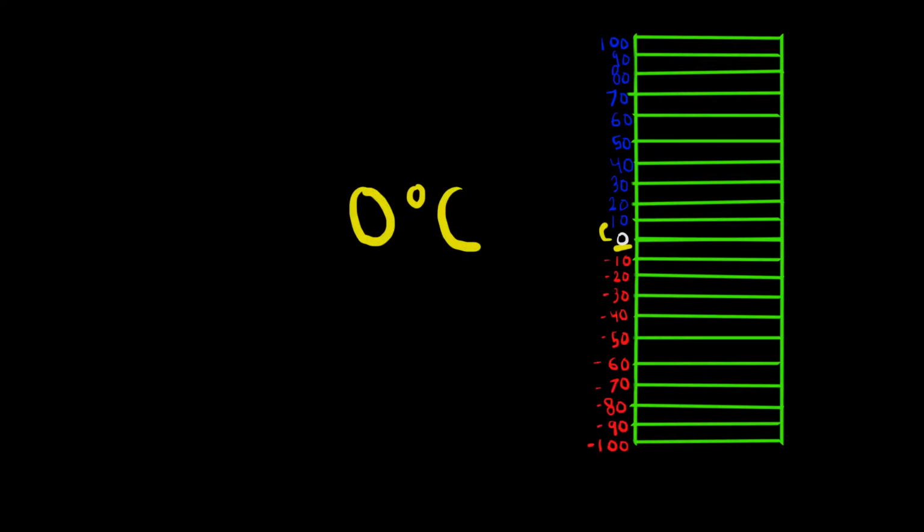Now, could it get colder than 0 degrees Celsius? Could it even get colder than 0 degrees Fahrenheit as well? And the answer is yes. We could go below 0 degrees Celsius, and because we are going below the zero mark, we want to write down the negative symbol, say negative 10 degrees Celsius.